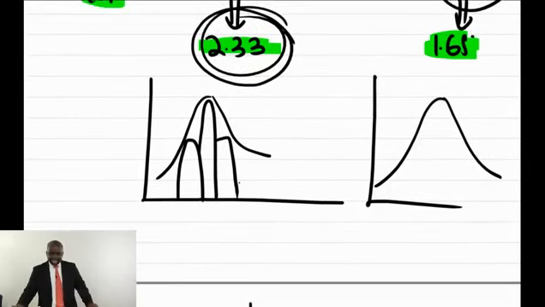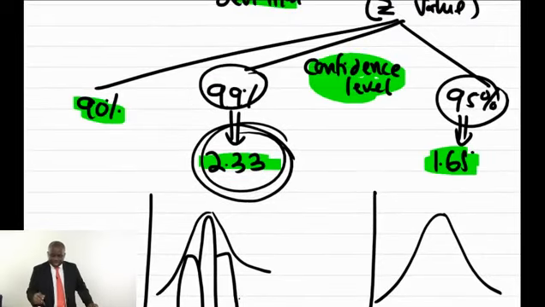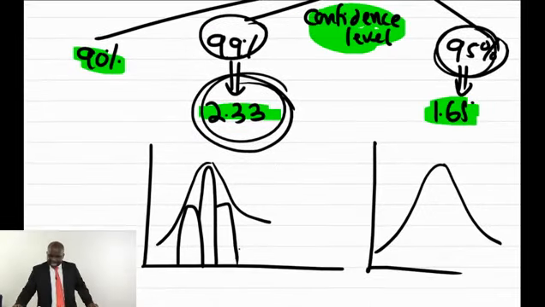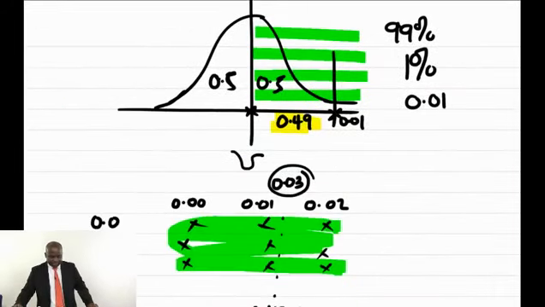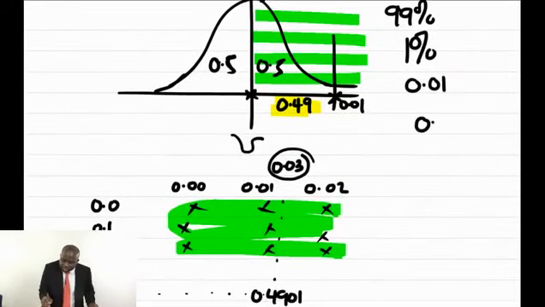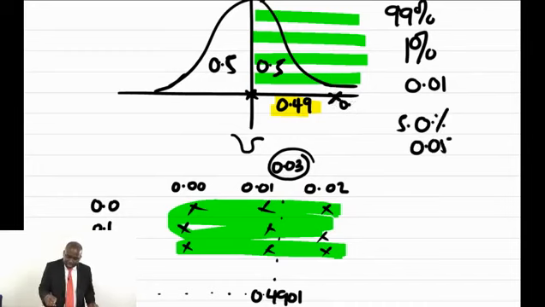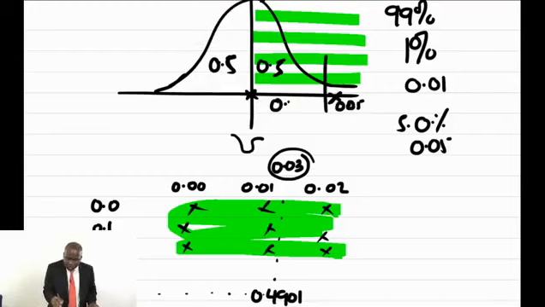Same way, if it is a 95% confidence level, it means you doubt 5%. If you doubt 5%, it's 0.05. So when you come to the tail here, you get 0.05, and this will give you 0.45.